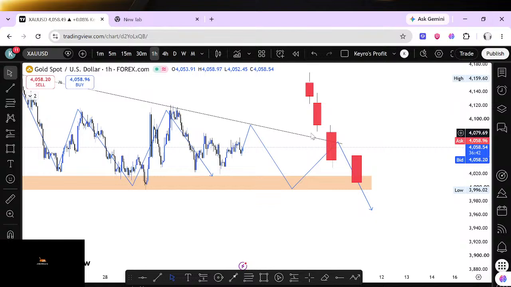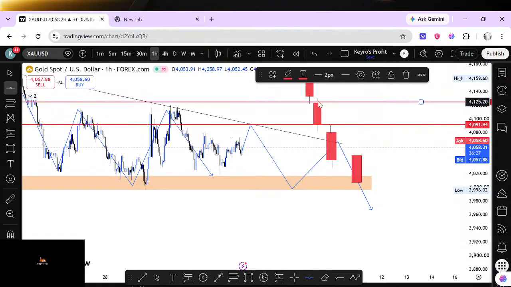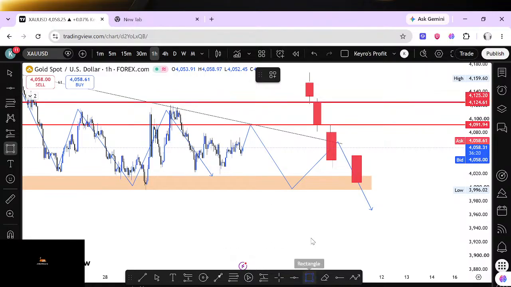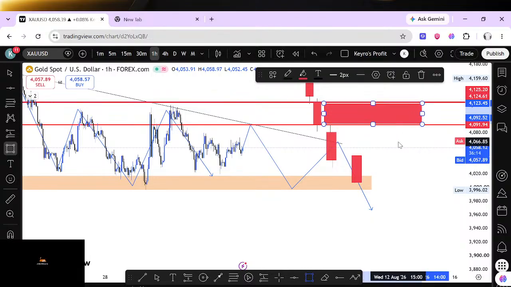Now, the fair value gap here is, you see, from the beginning of this candle wick here to this wick here. This zone here is what we call a fair value gap.